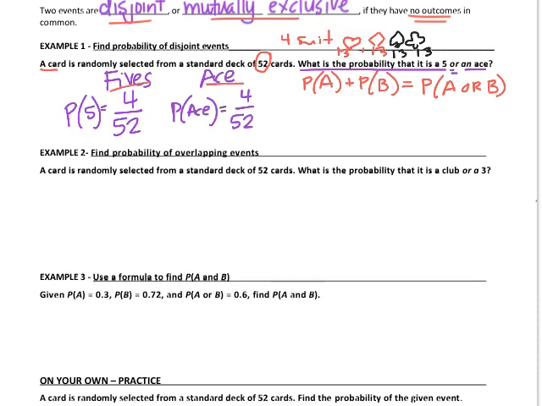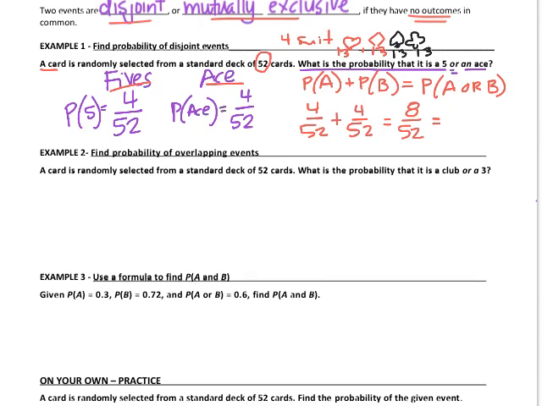So if we add those 2 together, 4 over 52 plus 4 over 52, we end up with 8 over 52, and that can be reduced if you use 2 as a common factor of both 8 and 52.